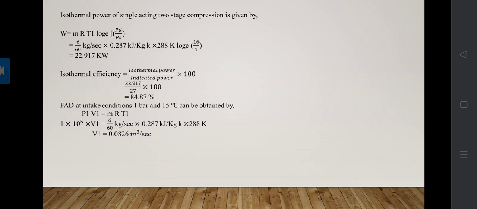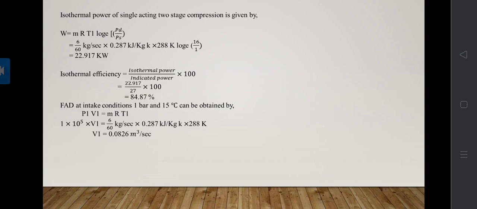Next is the free air delivery, that is FAD at intake conditions. At intake conditions the pressure is 1 bar and temperature is 15 degrees centigrade, and here we use the formula P1 V1 is equal to mRT1. So P1 is equal to 1 into 10 raised to 5 and we have to calculate the FAD, free air delivery value.